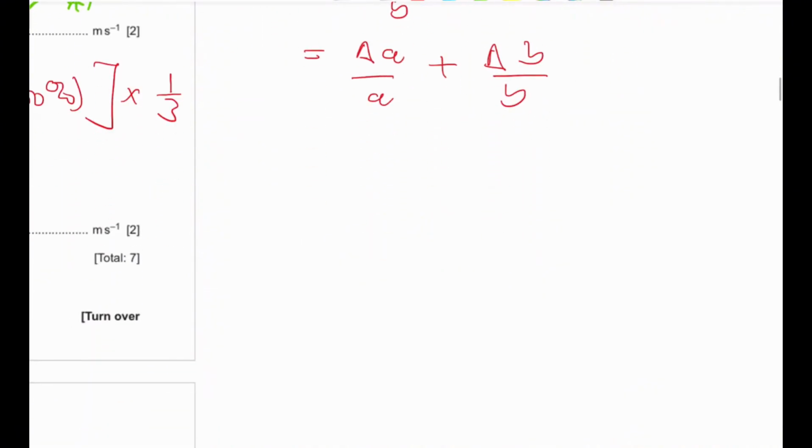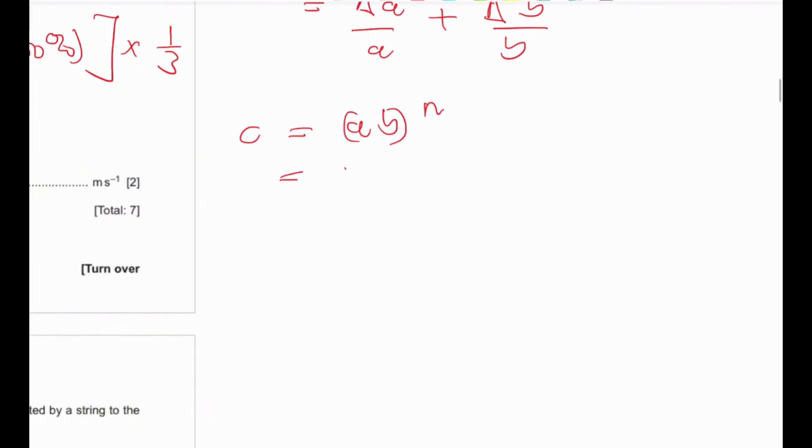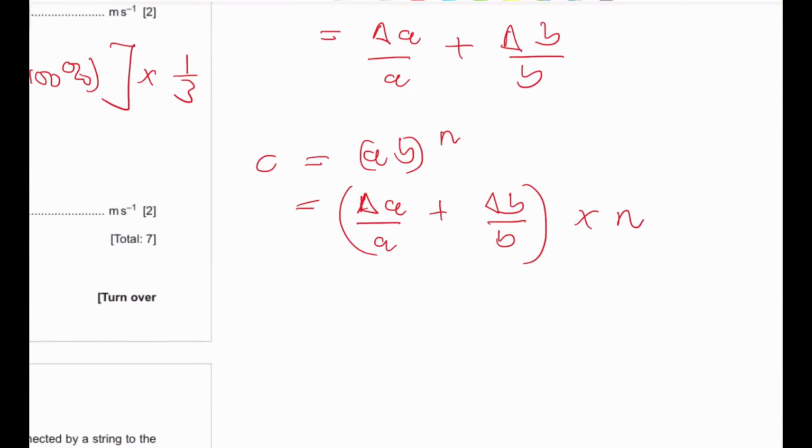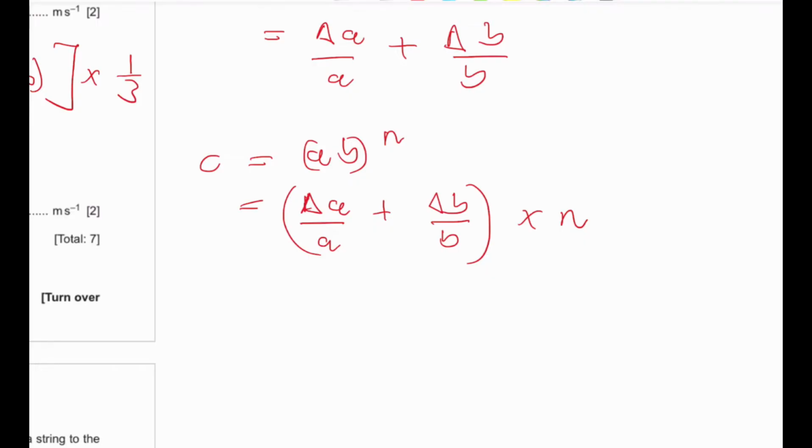But the third law says that if c is a times b to the power of n, this is delta a divided by a plus delta b divided by b, multiplied by n. So basically, when you raise something to a power, you multiply the fractional uncertainties by that power.